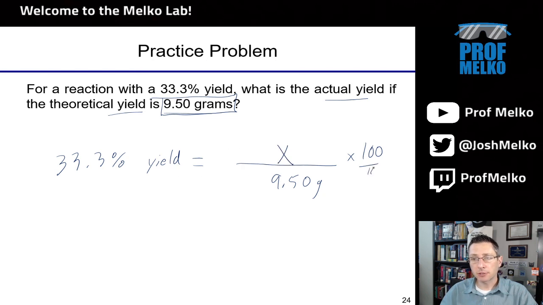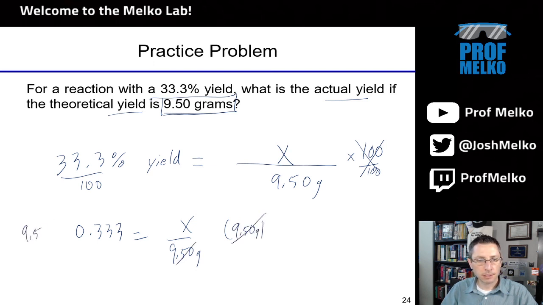And now it's just algebra. Divide both sides by 100 to get rid of this. And now I have 0.333 equals X over 9.50 grams. And so now I multiply both sides by 9.50 grams. It drops out on the right. It appears on the left.